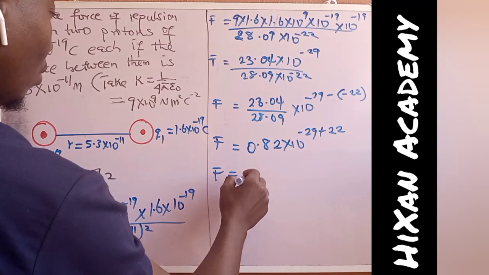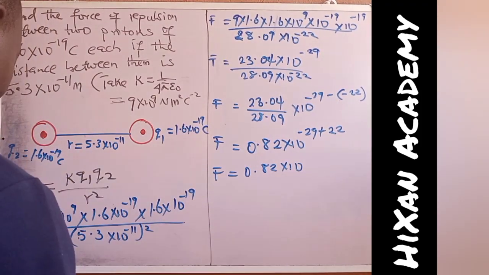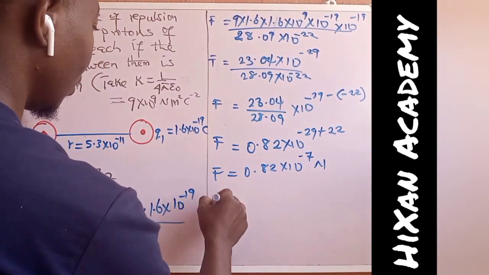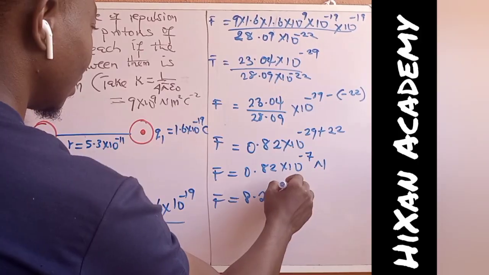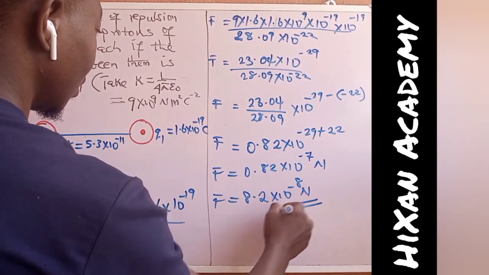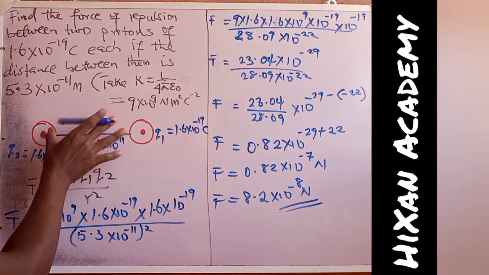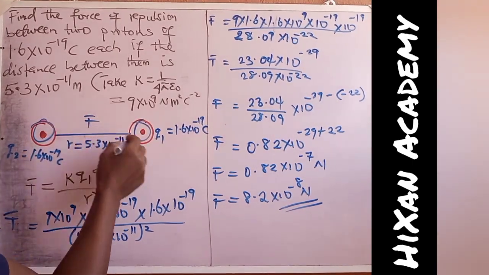So F equals 0.82 multiplied by 10 to the power of negative 7 Newton. So that gives us 8.2 multiply 10 to negative 8 Newton. So that is the force between the two protons, this and this, the force that exists between them.